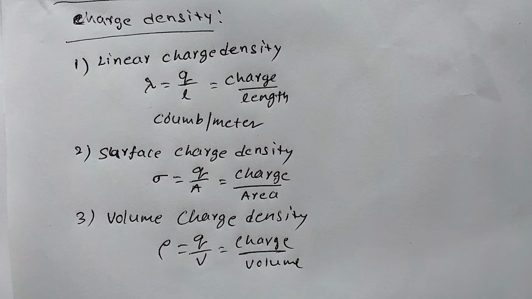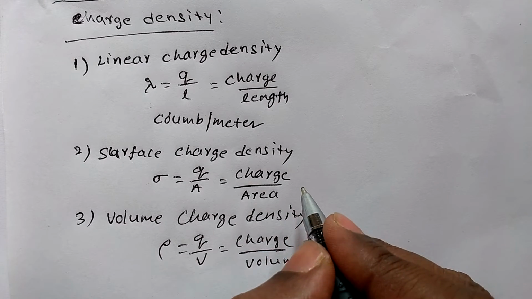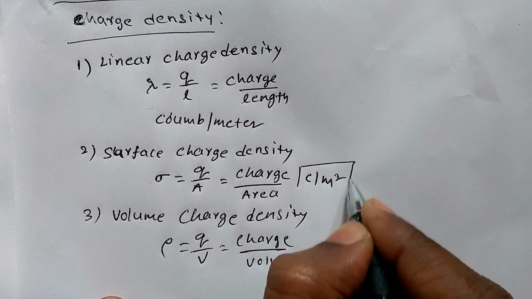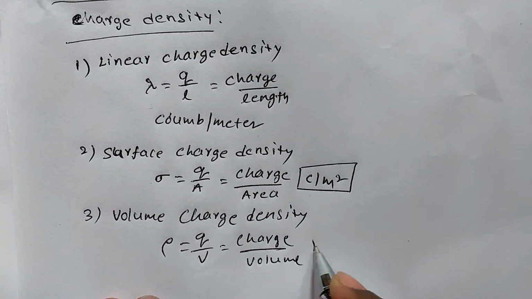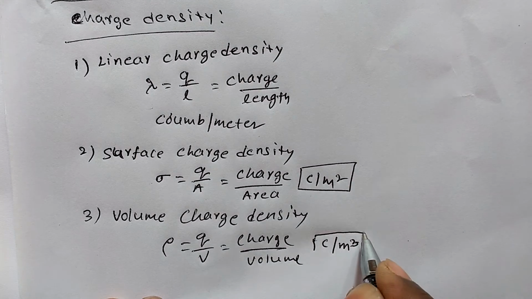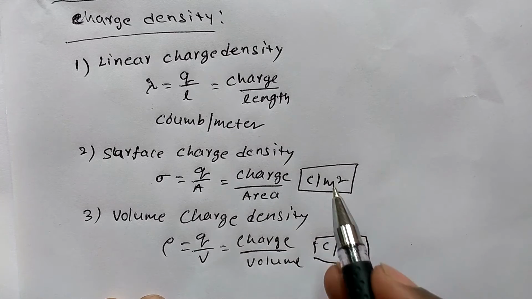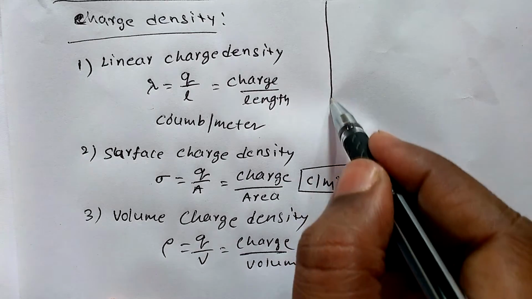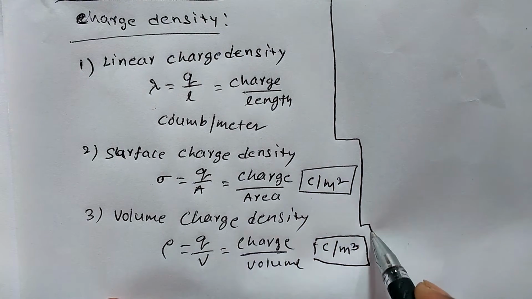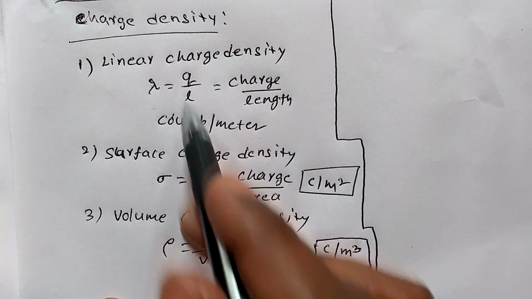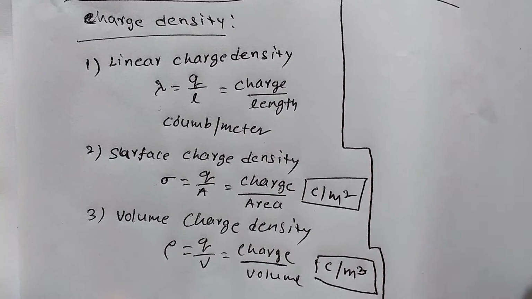Surface charge density is measured in coulombs per meter square, and volume charge density unit is coulombs per meter cube. These are the three types of charge density. To find the electric field due to continuous charges, these are the terms we are going to study, so that's why I discussed these three definitions.